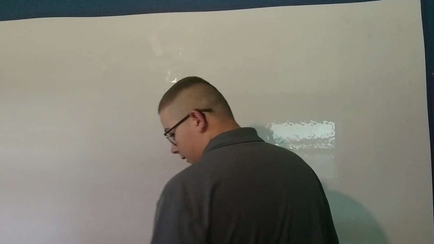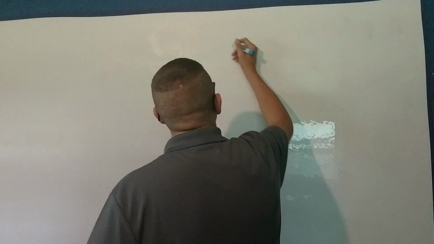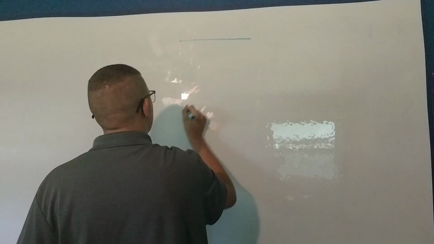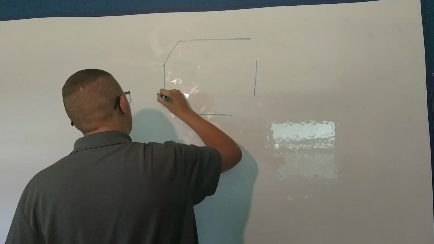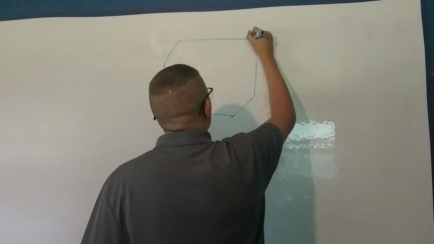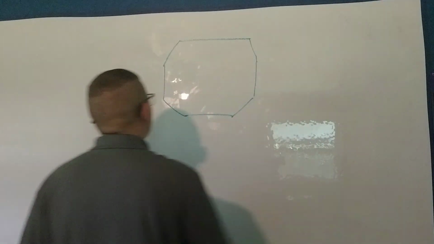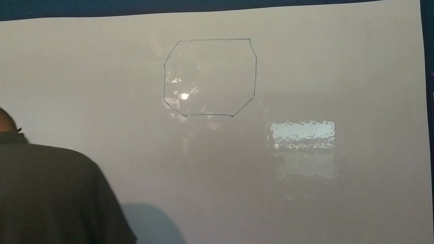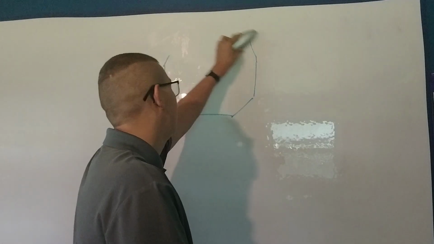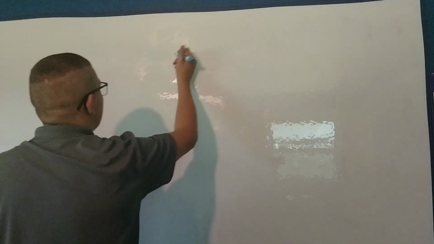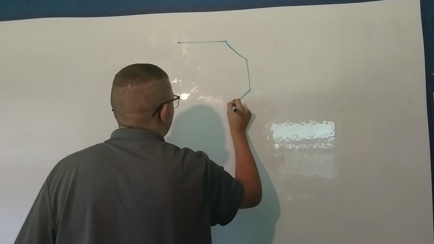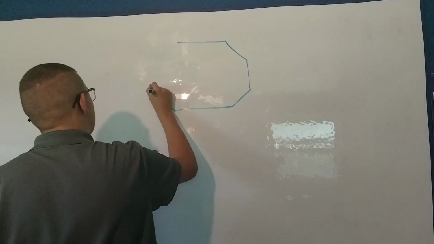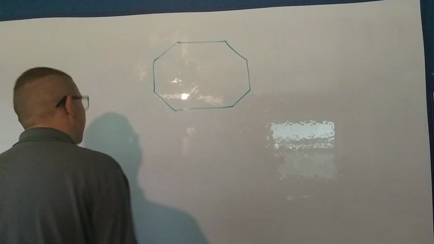If we have an octagon here, an octagon. That is a terrible octagon. It looks like a square. It looks like a circle. Let me, 1, 2, 3, 4, 5, 6, 7, 8, like that.